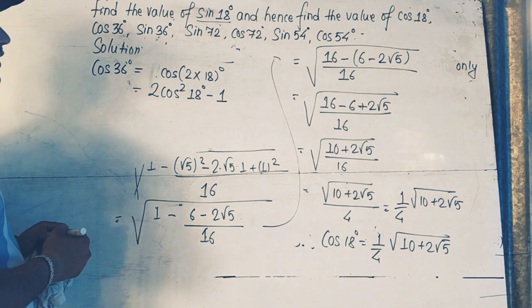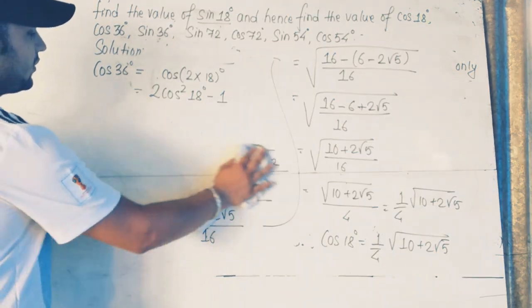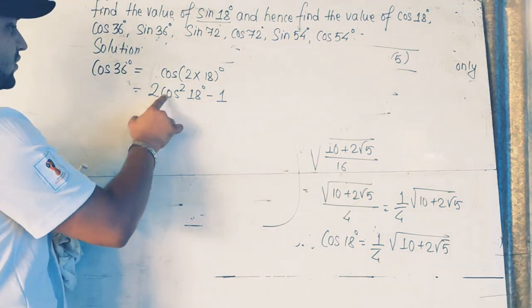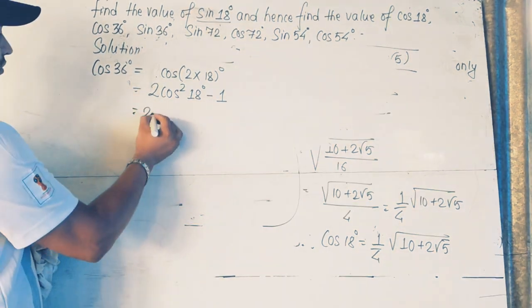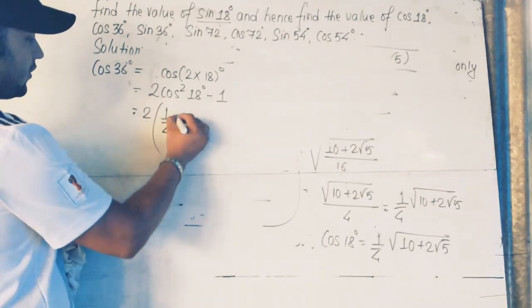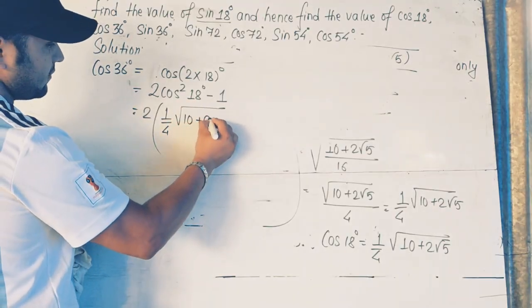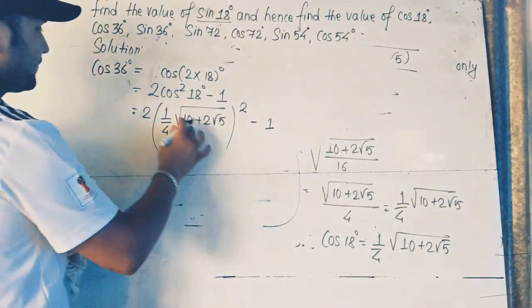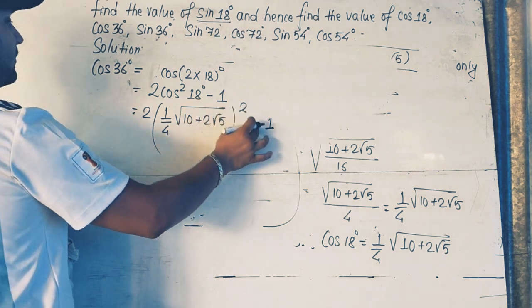So we simply use the formula of cos 2 theta: cos 2 theta is 2 cos square theta minus 1. We have the value of cos 18 here: 1 by 4 root under (10 plus 2 root under 5). We are going to write 2 cos 18 square minus 1.